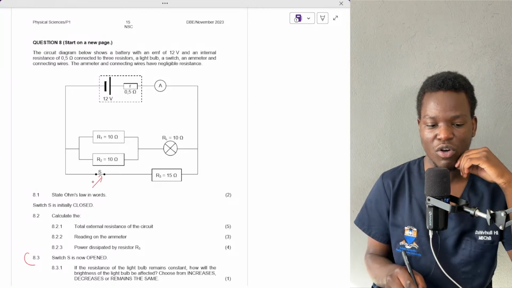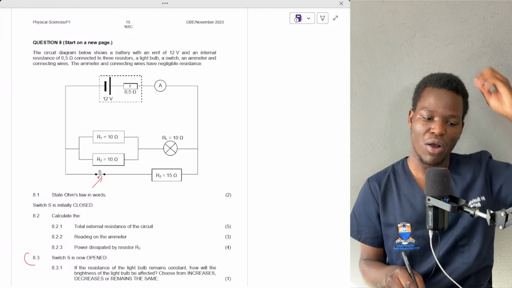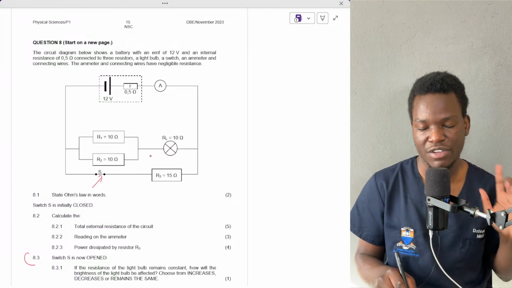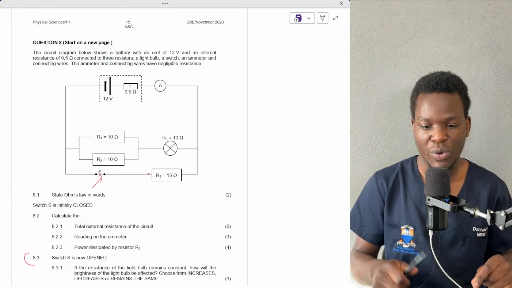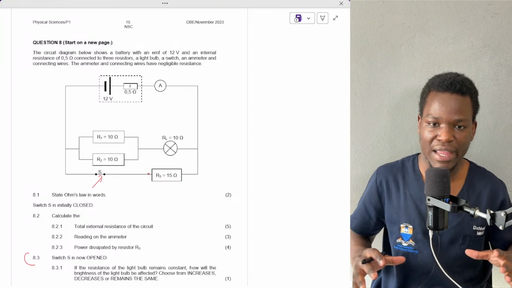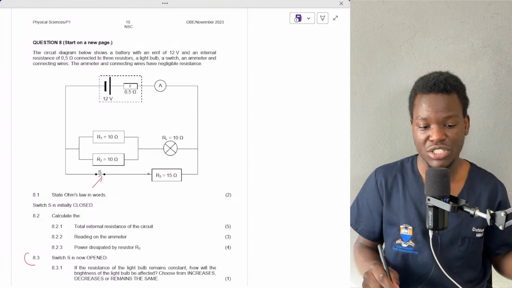So we are opening and closing this switch, and then they will ask what will happen to the brightness of this bulb. We are going to use the very same principle, but before that, we are going to first answer the questions in between.